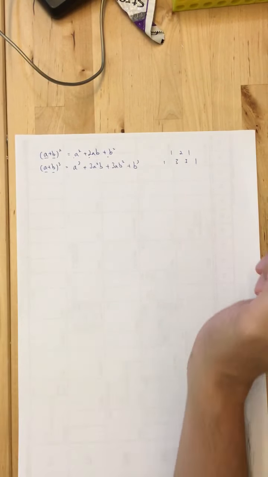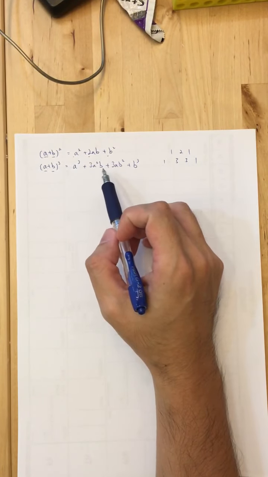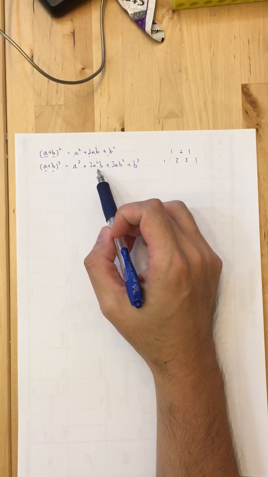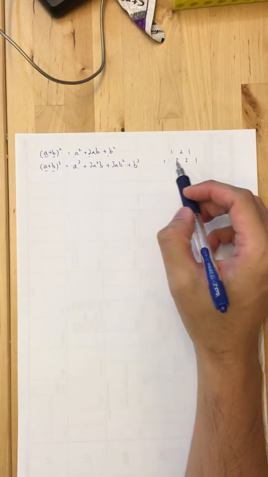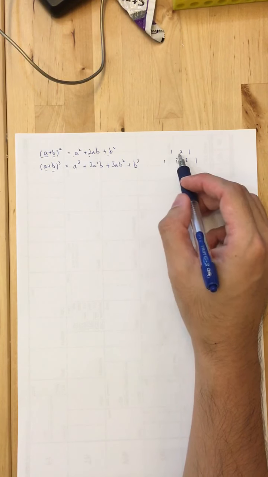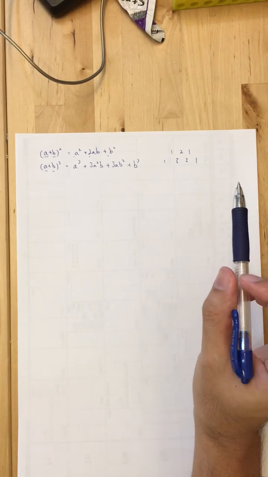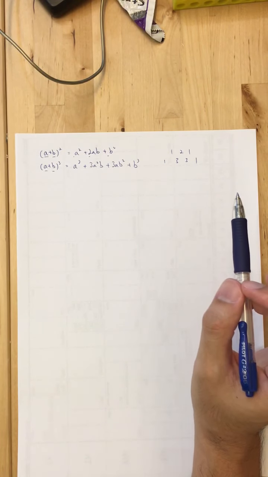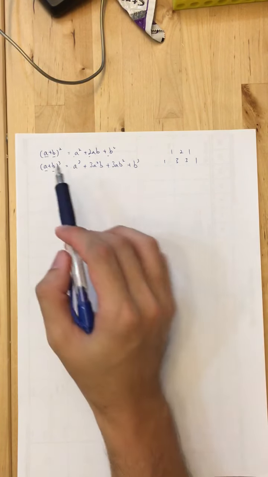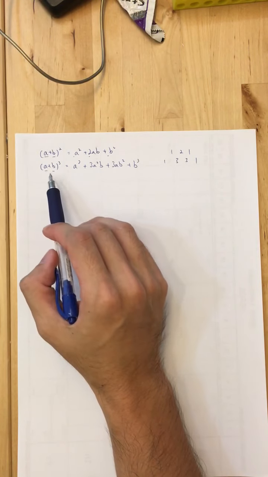So you will notice there's a pattern to the coefficients, depending on what your a and your b are. But the coefficients will always involve all these 1, 2, 1, 1, 3, 3, 1. So in binomial expansion, you will learn the definite way of expanding your factors instead of expanding one by one.